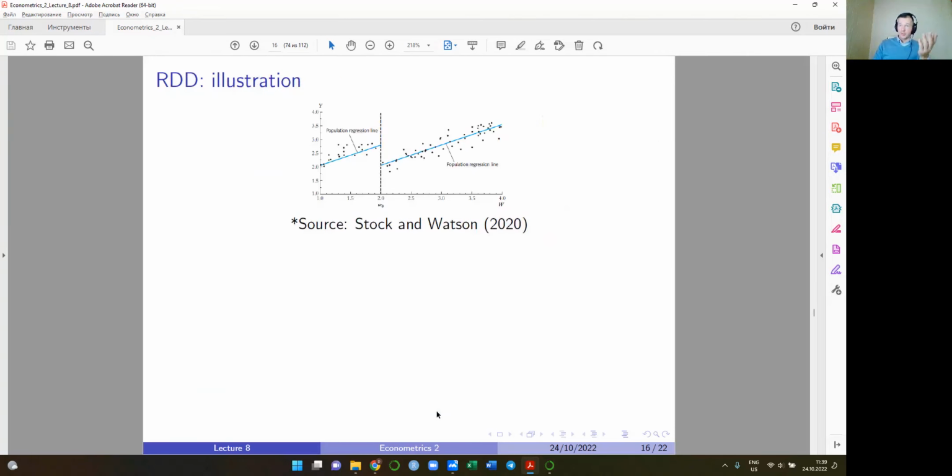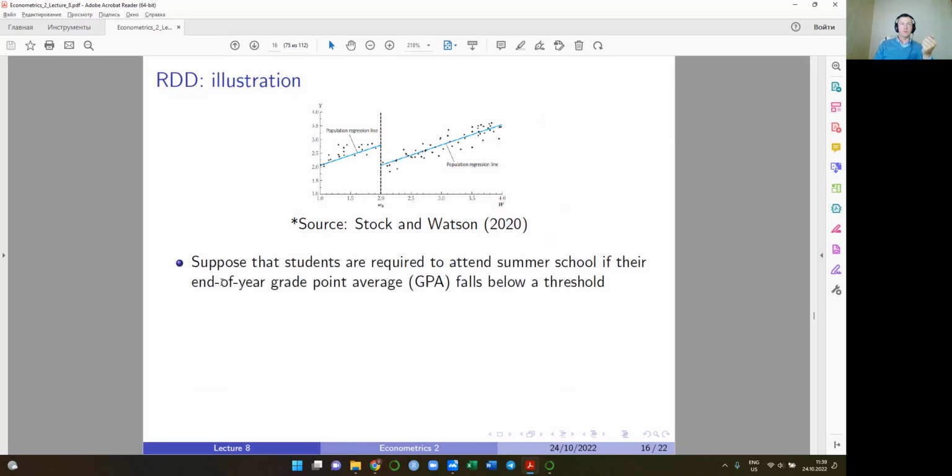This is an illustration of what we are talking about. Look, what was the example of Stock and Watson? Suppose that students are required to attend summer school if their end of year grade point average falls below a threshold. So basically, if the students are not performing well during the year, then they are required to go to summer school.